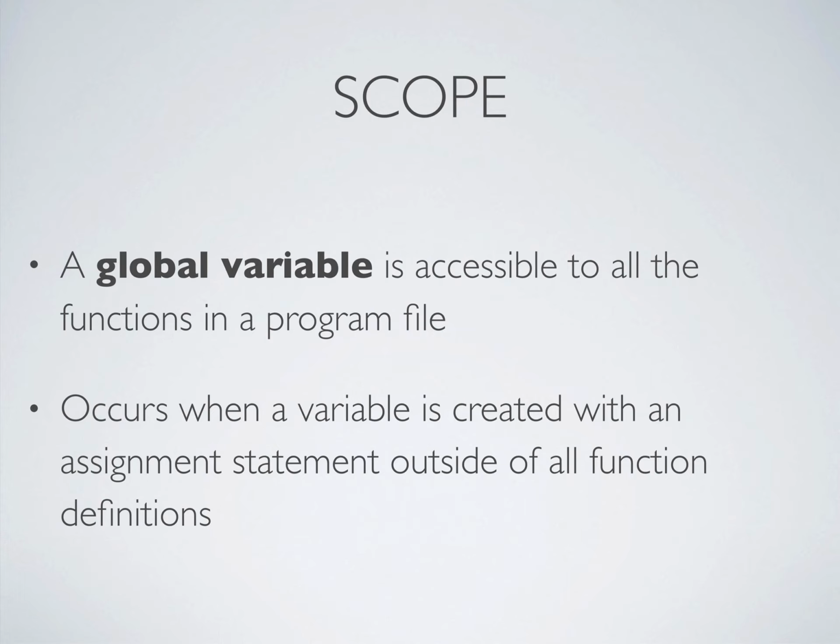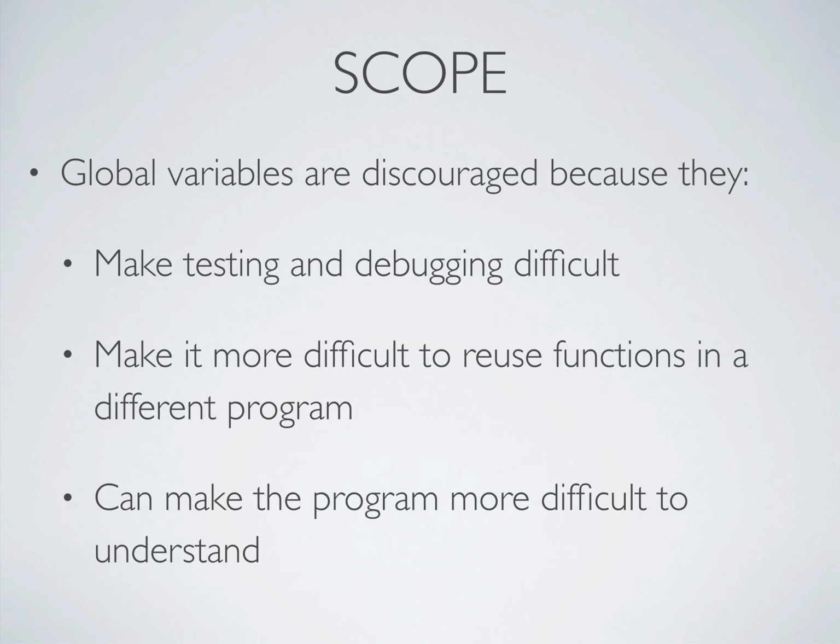So you might be thinking, well, why don't I just make every single variable a global variable, right? Because then I don't have to worry about can the function see or not. Well, global variables are actually generally discouraged, and it's for multiple reasons, but I'll highlight a couple of key ones. So the first reason why global variables are discouraged is because they actually make testing and debugging more difficult.